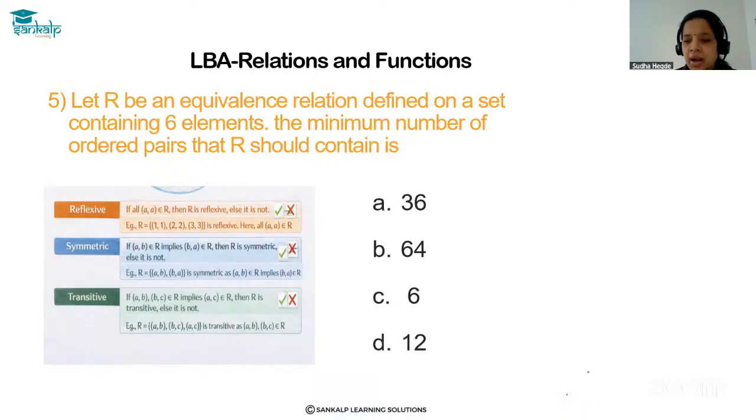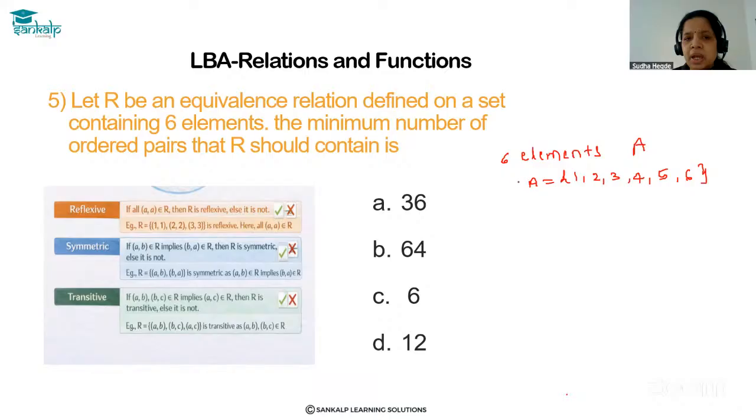There are 6 elements in the set. Let us take that set as A. Assume the 6 elements as 1, 2, 3, 4, 5, 6. It can be any. Let us take this.